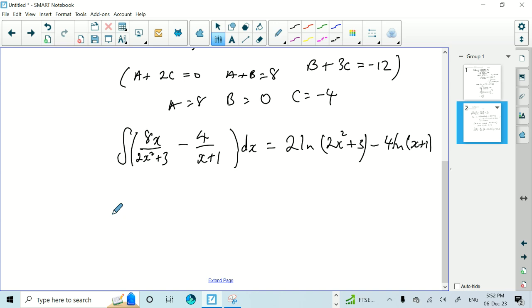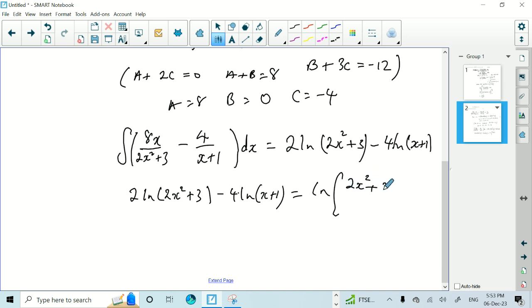So we can extend this to 2 log of 2x squared plus 3, minus 4 log of x plus 1, which is equal to, because of our division rule, the natural log of 2x squared plus 3, all squared, over x plus 1 to the power of 4.